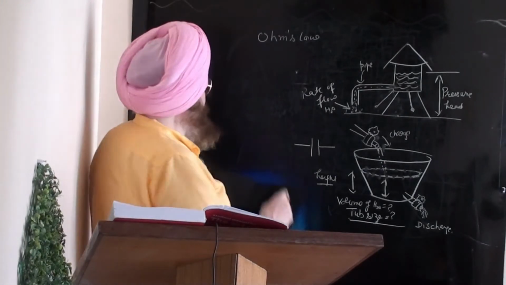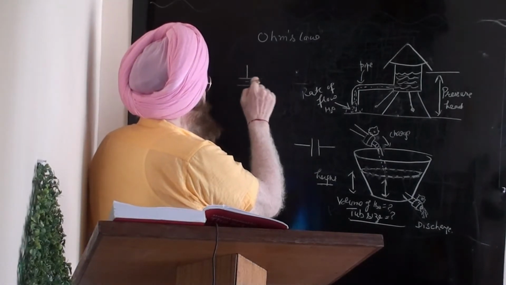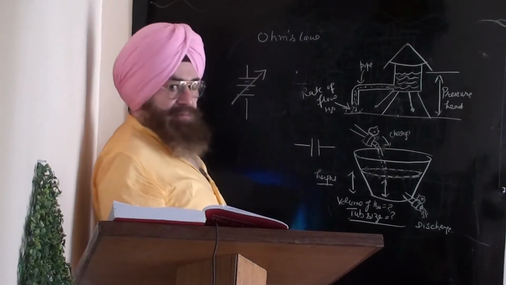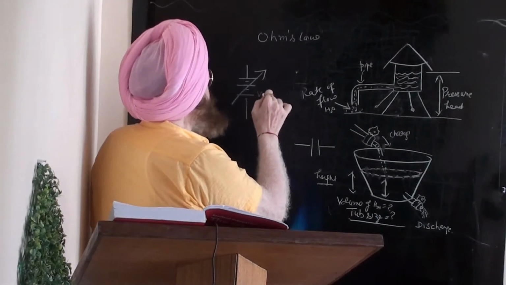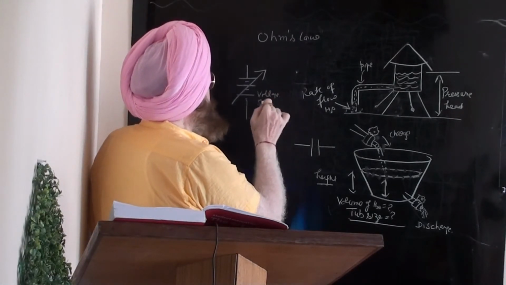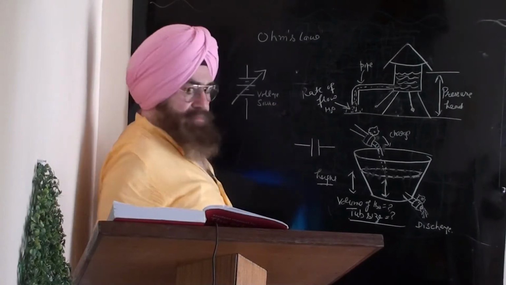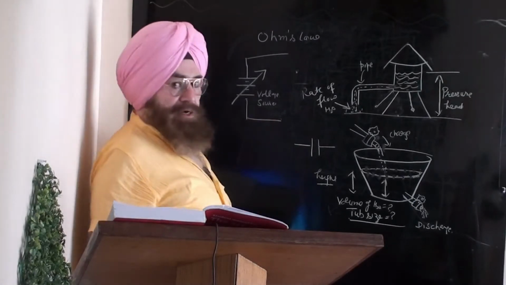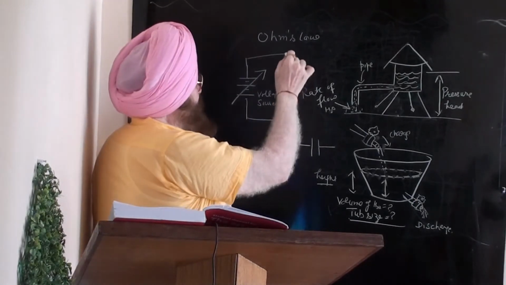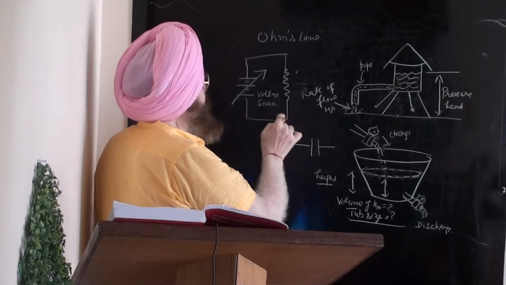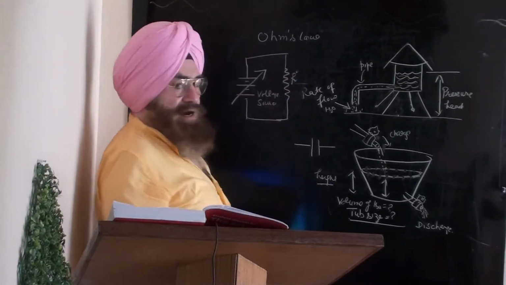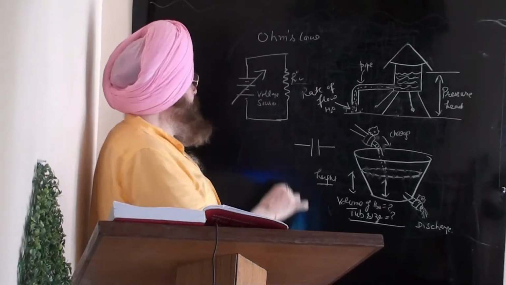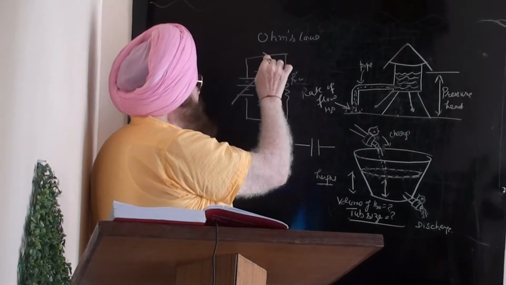Ohm's law states that if I have a variable voltage source, this arrow means variable, and to this voltage source, if some external resistance is connected, this is resistance R. This resistor will draw the current from this voltage source.